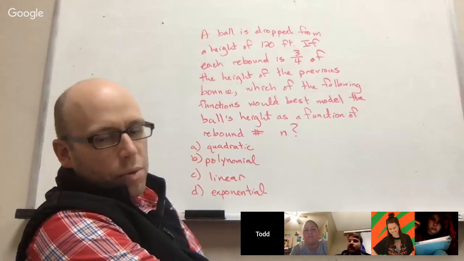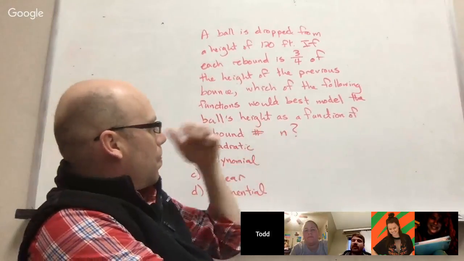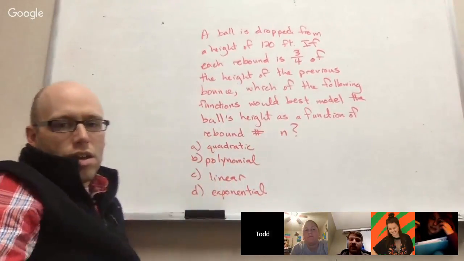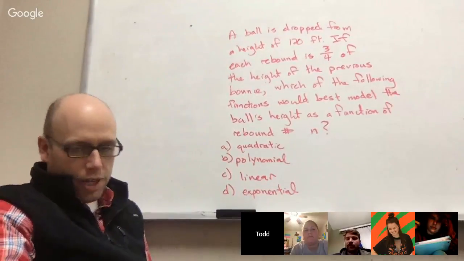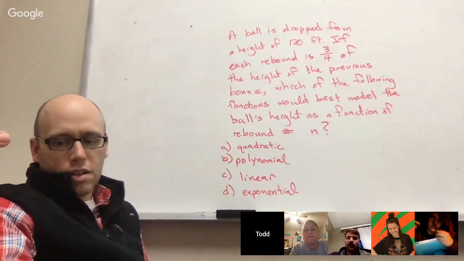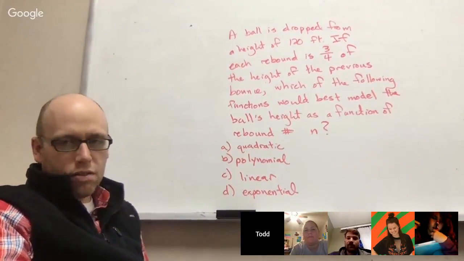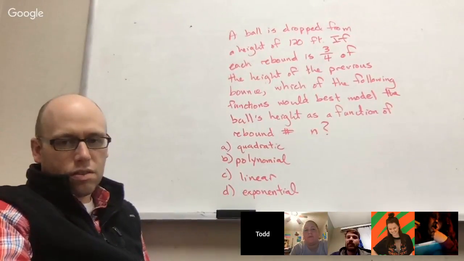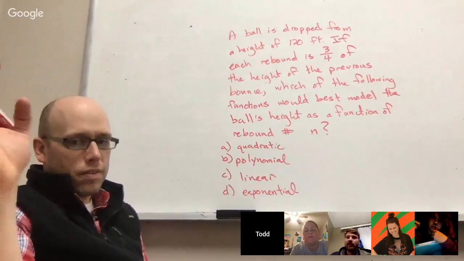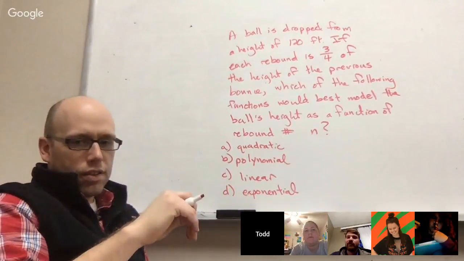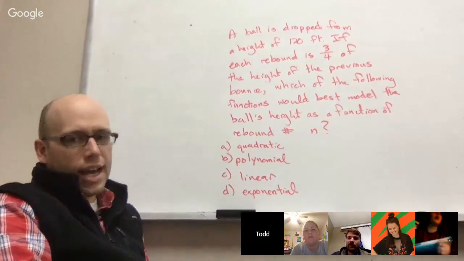It's one of the variables. That's the thing that's changing over the number of bounces, right? So which one's the independent variable and which the dependent variable? That's a good way to think about it. Your bounces are independent. Your height is dependent. Exactly.